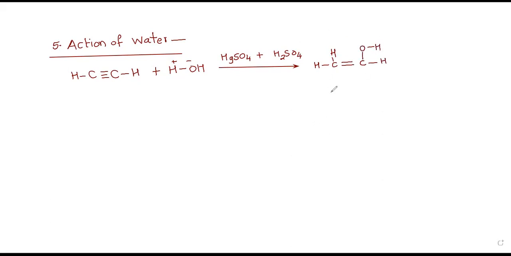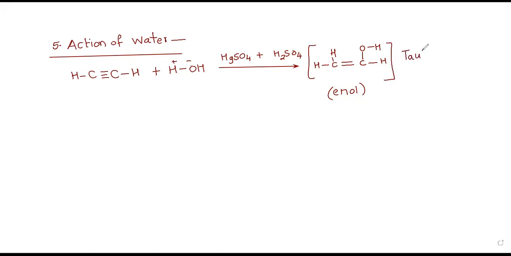Now this molecule is what is known as an enol. What is enol? En means double bond, ol means alcohol. Double bond with an alcohol is called enol. And enols are always unstable.